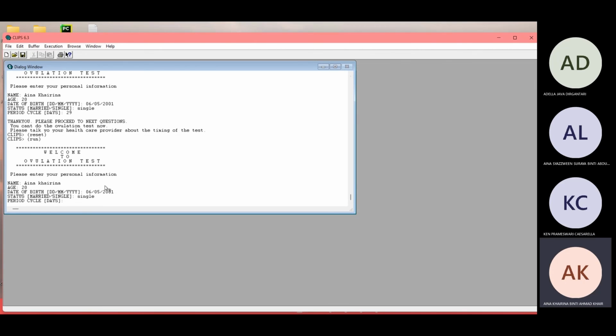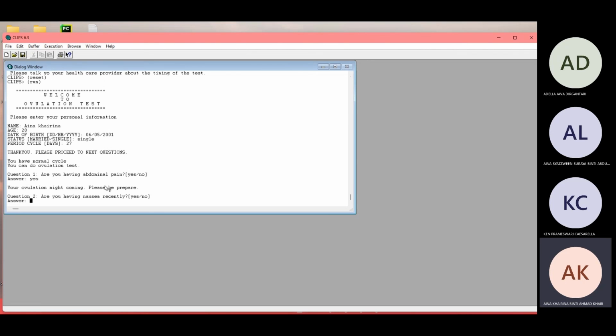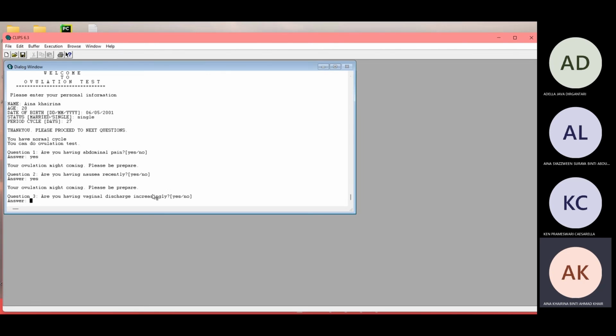So if I enter less than 28 days, first it will ask the patient, are you having abdominal pain? If I enter yes, then it will display your ovulation might come in, please be prepared. And next question, are you having nausea recently? If I enter yes, it will display another question, are you having increased vaginal discharge?